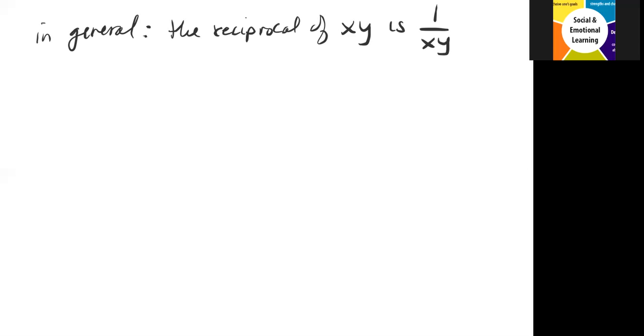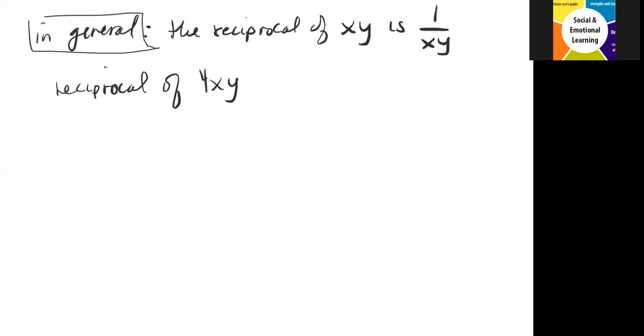We could say the reciprocal of 4xyz squared, if we have some exponents, is going to be 1 over 4xyz squared. So really, you can take the reciprocal of anything. It's just 1 over that thing.